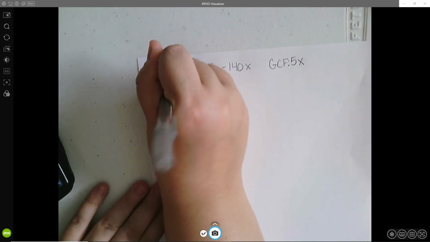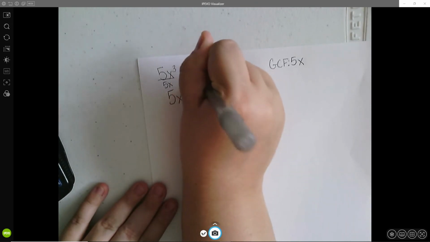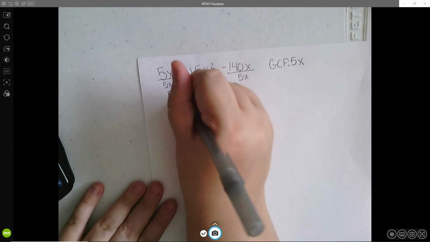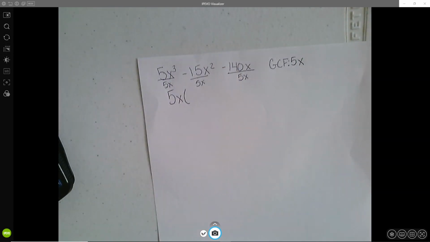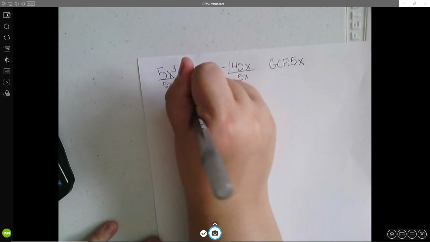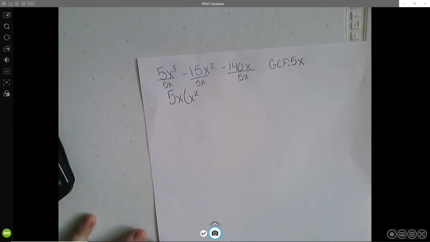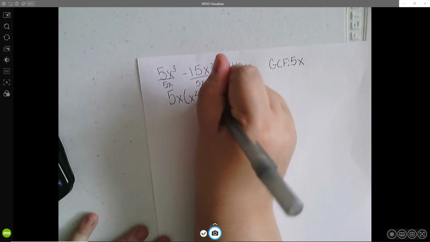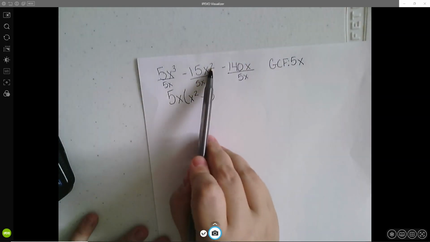Divide every one of your terms by 5x. 5 divided by 5 is 1, which I don't write. I have 3 x's. I took away 1, so it's x squared. -15 divided by 5 is -3. I had 2 x's.